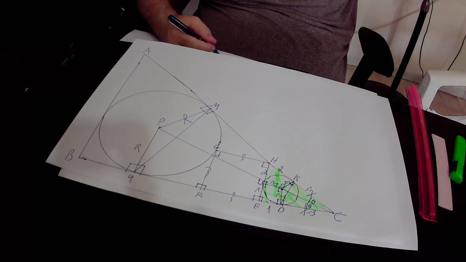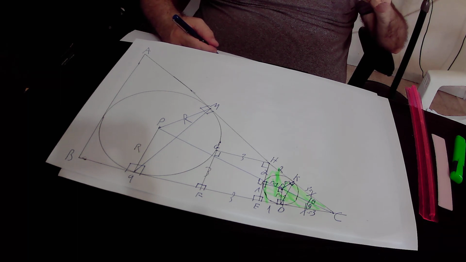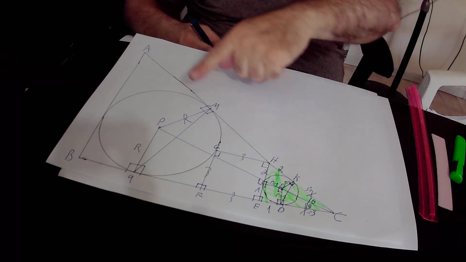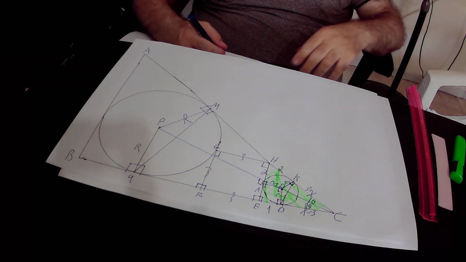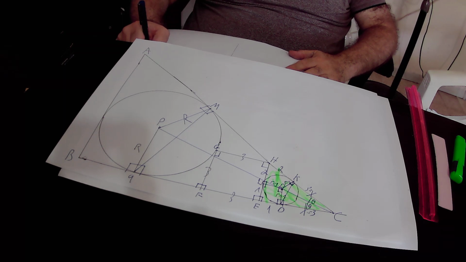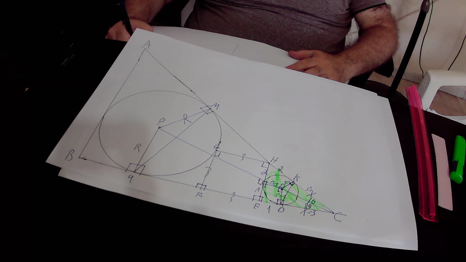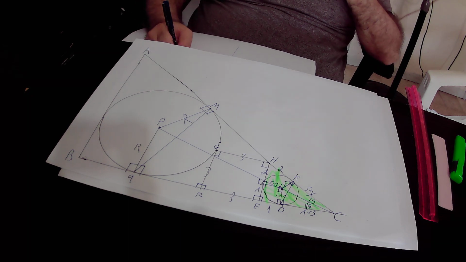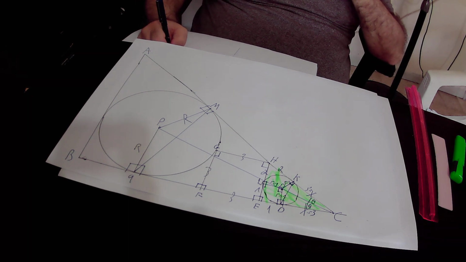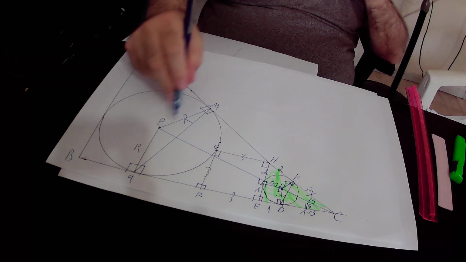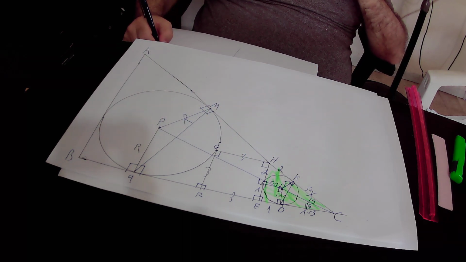Actually, from what we did here, we can conclude that CP is the angle bisector of angle C, in triangle MQC, the big triangle MQC.